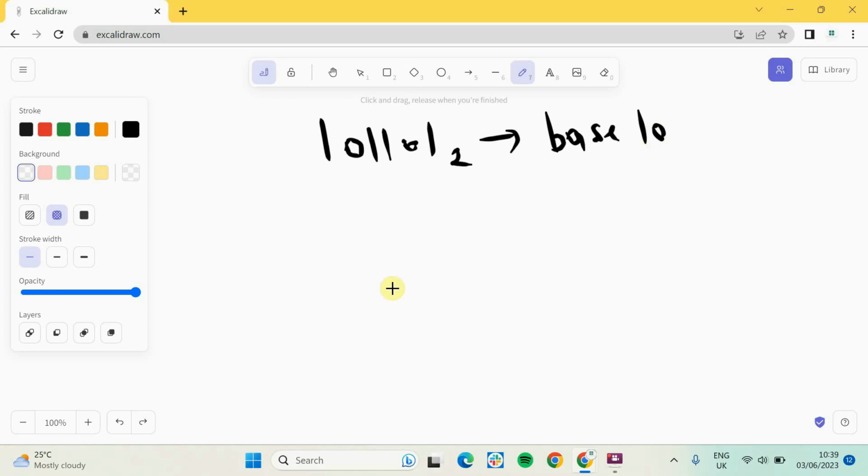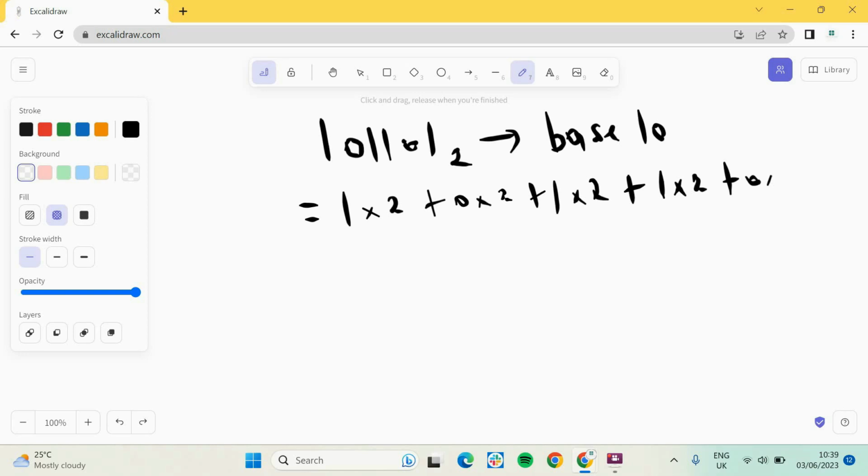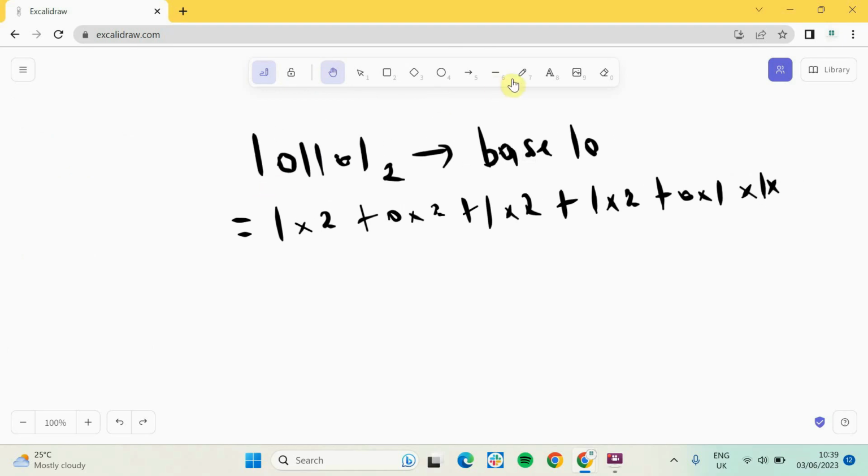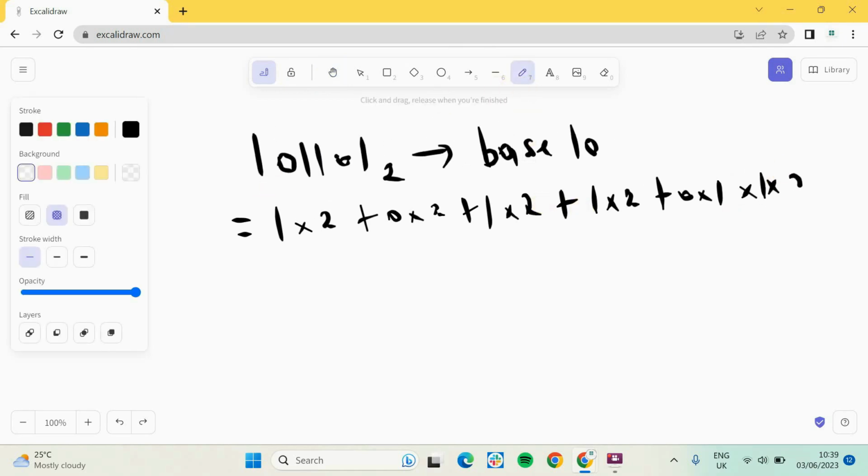Welcome back, right? So let's see, how do we do that? So converting to base 10, we'll just multiply each of the values by the base. So 1 times 2 plus 0 times 2 plus 1 times 2 plus 1 times 2 plus 0 times 2 plus 1 times 2, right?